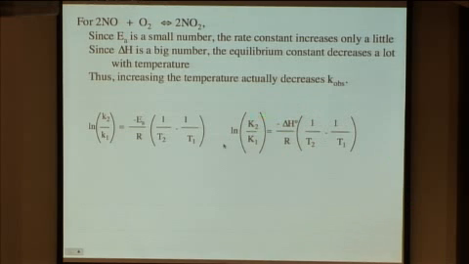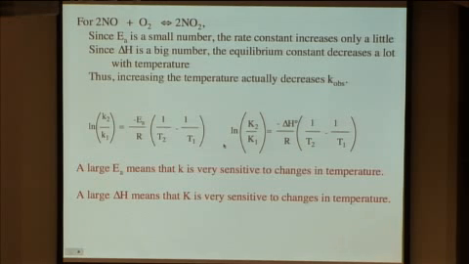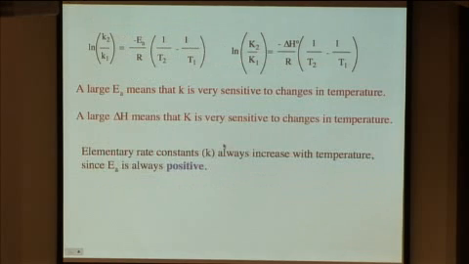So in this particular example, increasing the temperature actually decreases the observed rate because delta H is a much bigger factor. If you were given either numbers or some information like that, you should be able to rationalize what might be true about the rate of the reaction. A large activation energy means that the rate constant is very sensitive to changes in temperature. A large delta H means the equilibrium constant is very sensitive to changes in temperature.